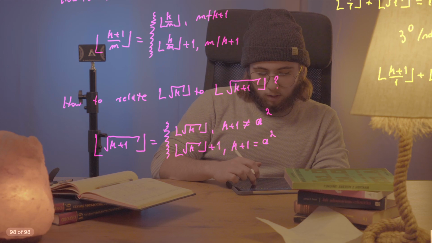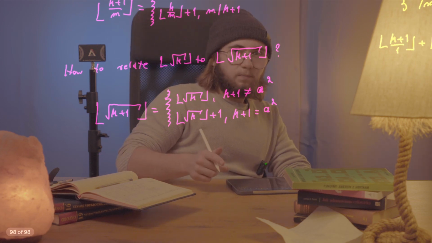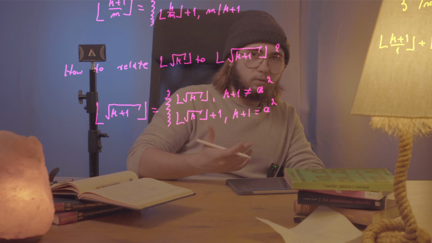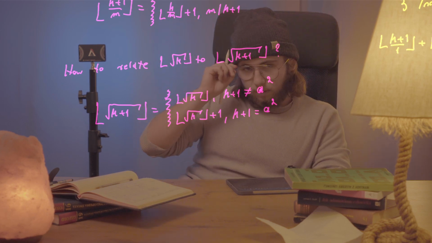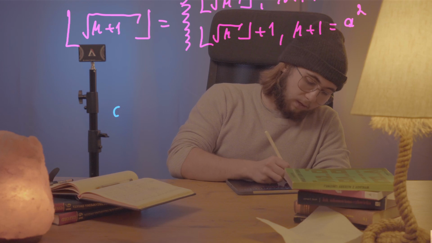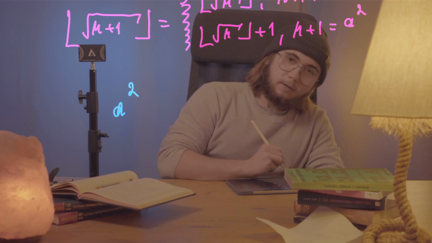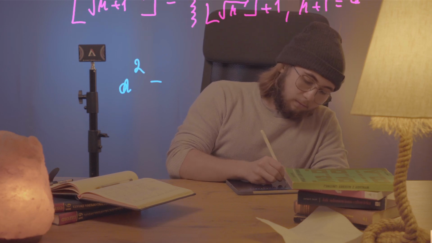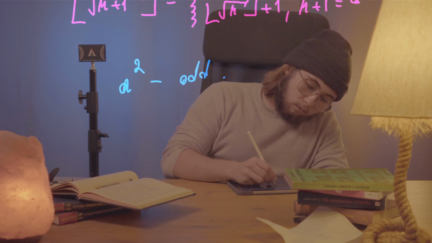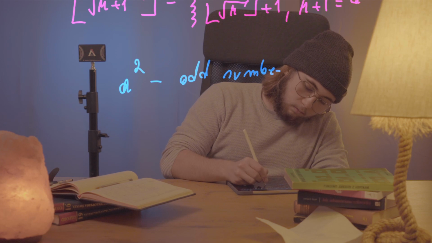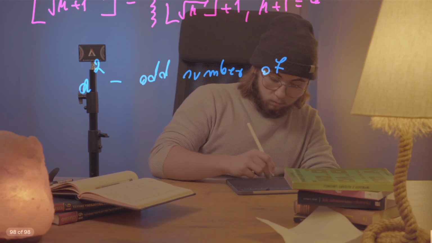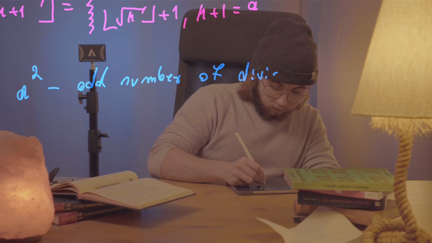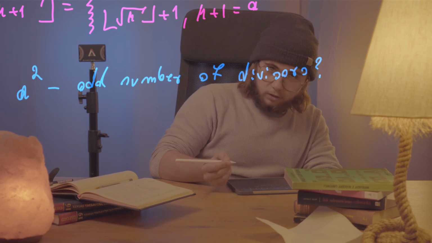And there is one more pretty useful thing to see here about k plus 1 being or not being a perfect square. Whenever we have a perfect square, say a squared, it has an odd number of divisors. Why is it so?